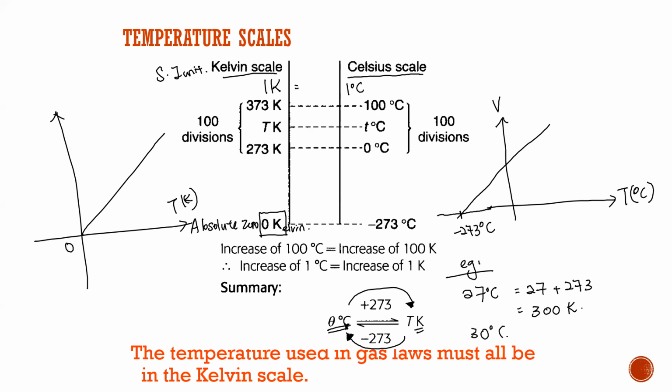If 30 degrees Celsius, we change to Kelvin, 30 plus 273, the answer would be 303 Kelvin. So all of the temperatures we need to change to the Kelvin scale, the SI unit. Now ready? I count 1, 2, 3 and we go to the next slide.